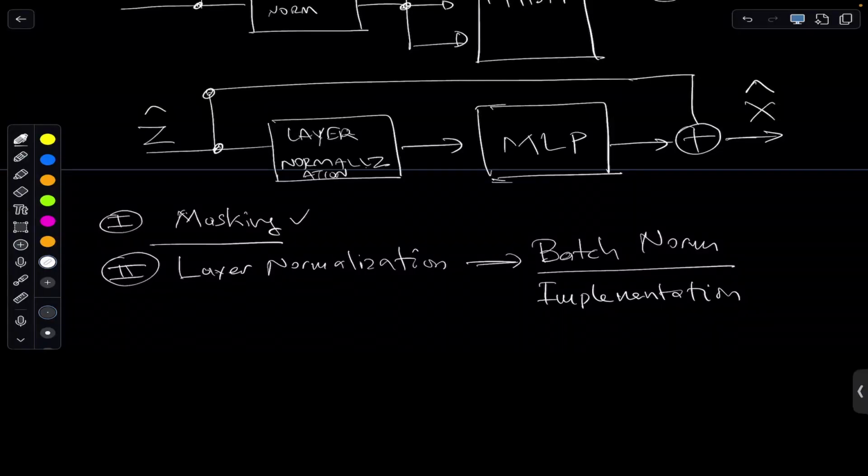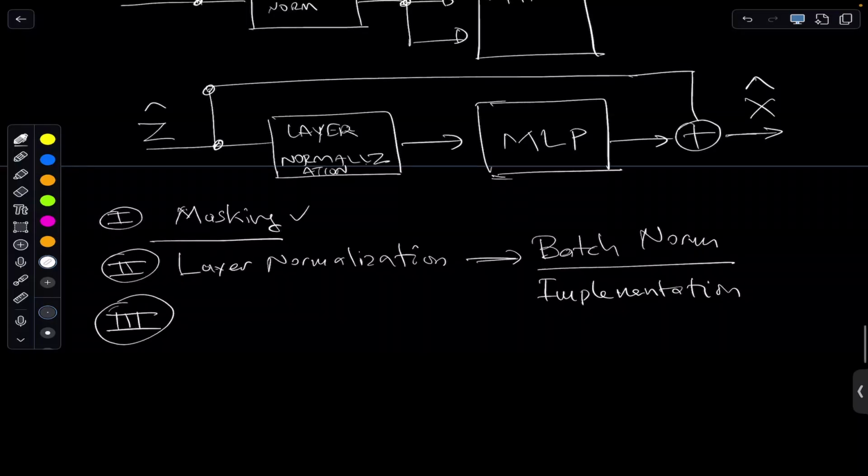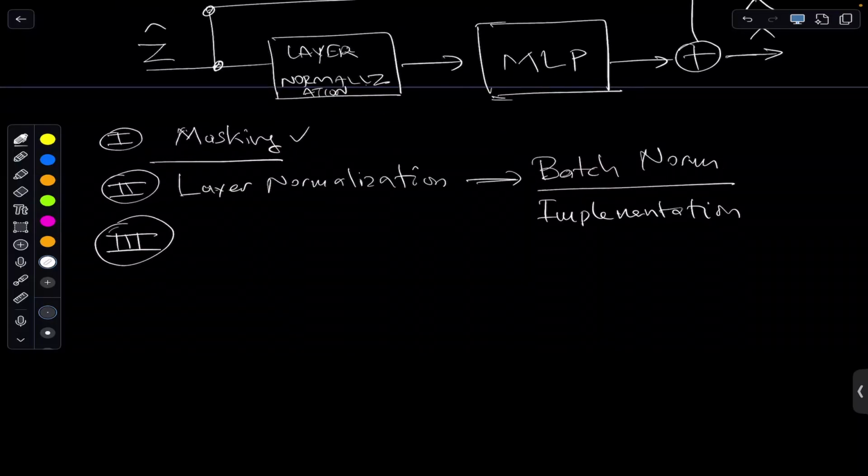So effectively, layer normalization, we will see, is a transposition of the batch normalization. And the third discussion, which I think requires some more expansion here, is the so-called positional embeddings.